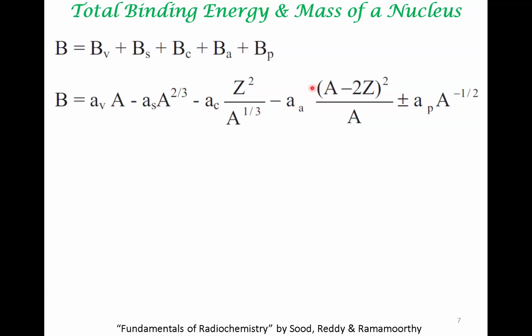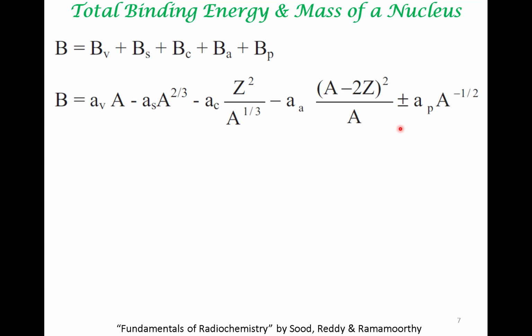This is the energy penalty due to asymmetry in the neutrons and protons. That is, if you have more neutrons, that introduces a destabilizing factor that is incorporated here. The odd-odd, odd-even, or even-even nuclear configuration also contributes to binding energy. So all the 5 terms have been assembled.